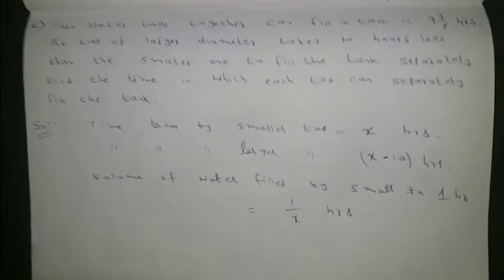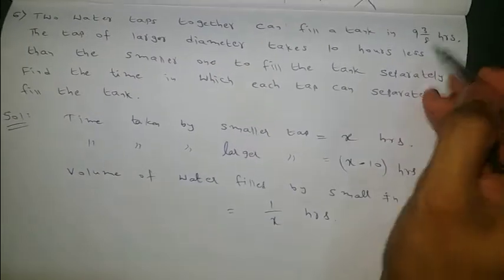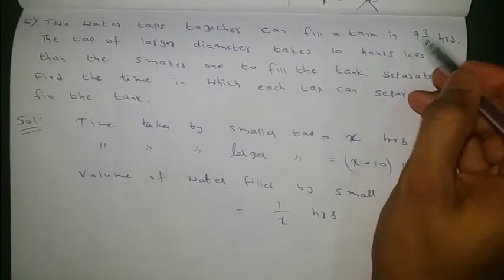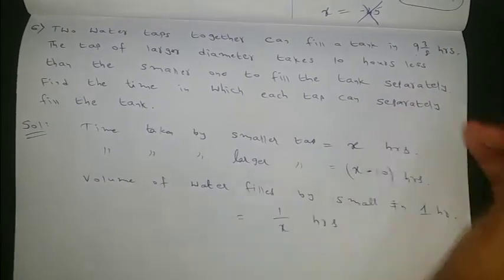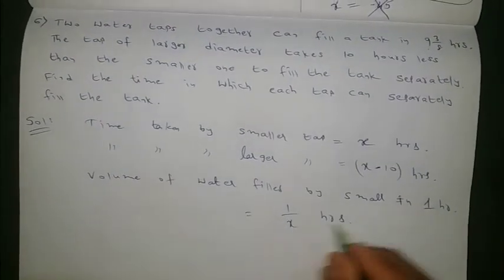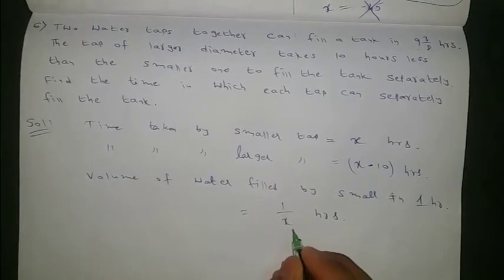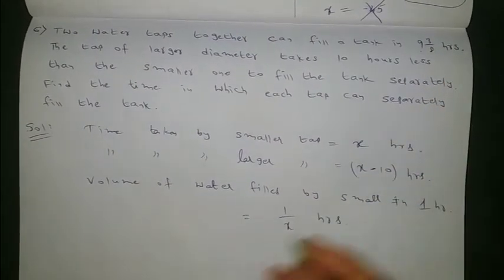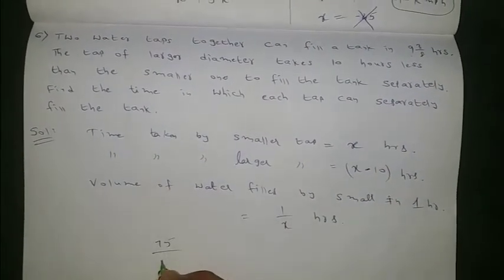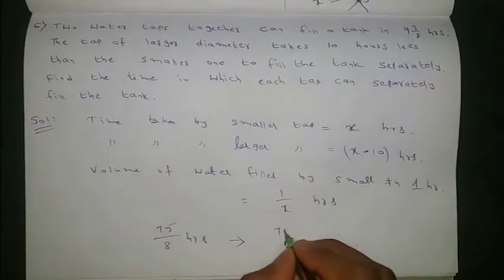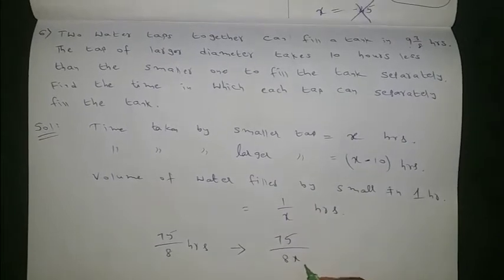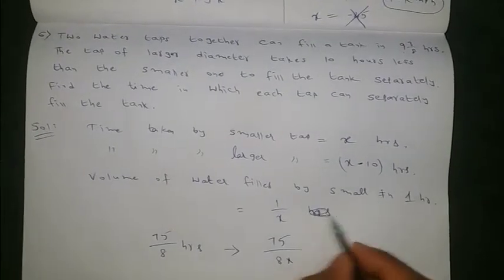But he gave 9 3 by 8 hours. 8 9s are 72 plus 3, 75 by 8 hours. In 1 hour, if it is filling 1 by x, in 75 by 8 hours how much will it fill? 75 by 8x.